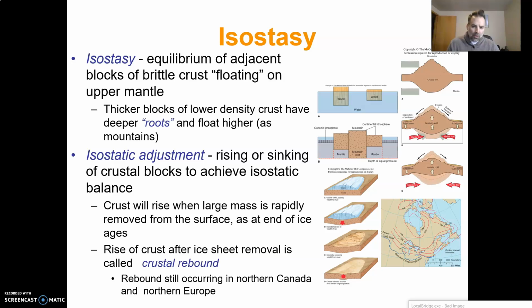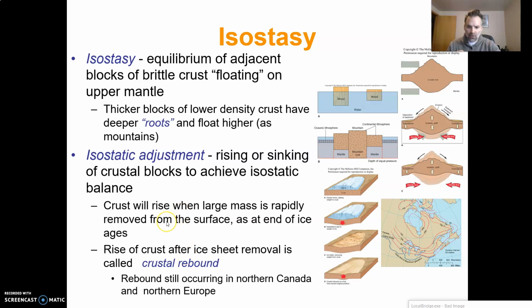And then usually what happens is we need things to stay in equilibrium. For instance, this is isostatic adjustment, where it wants to rise or sink to achieve an equilibrium or balance. And this is showing that over here, where you're getting more erosion, it wants to maintain a balance.